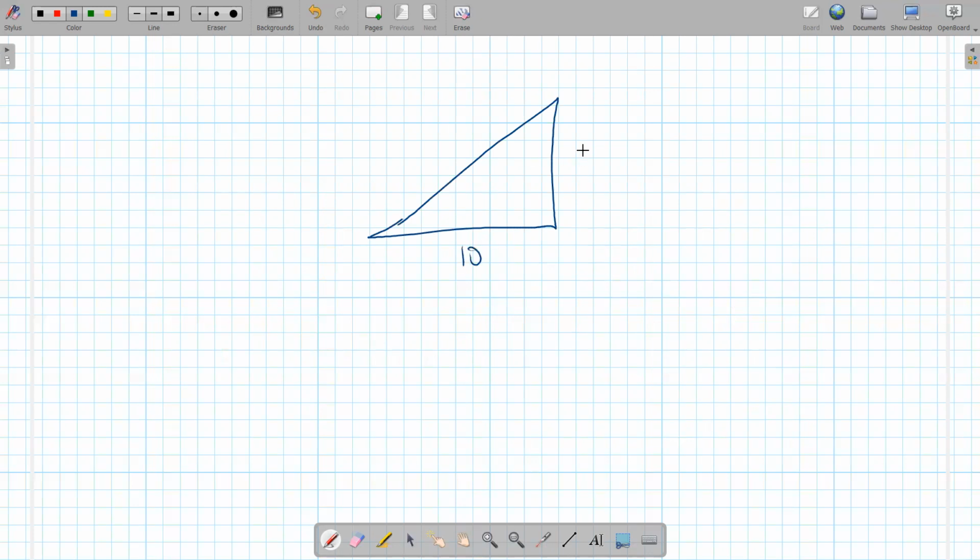This is 10, this is 30. What is side C? Again, notice, we're looking for C. So C is equal to the square root of A squared plus B squared.